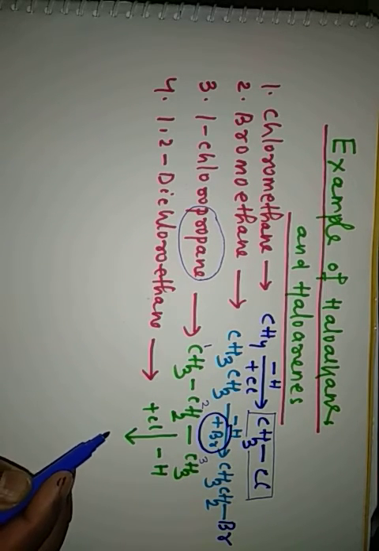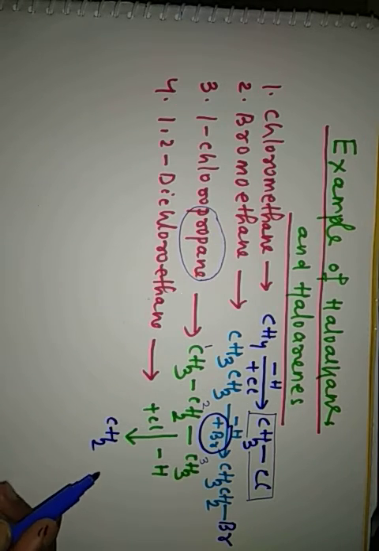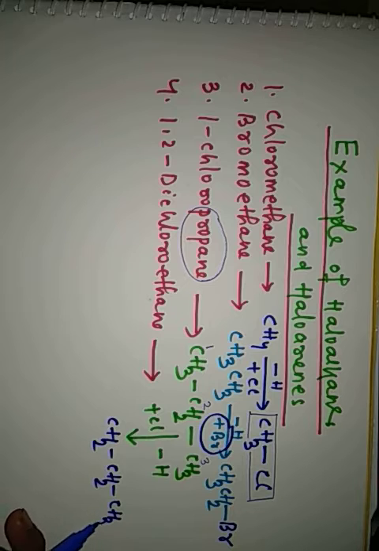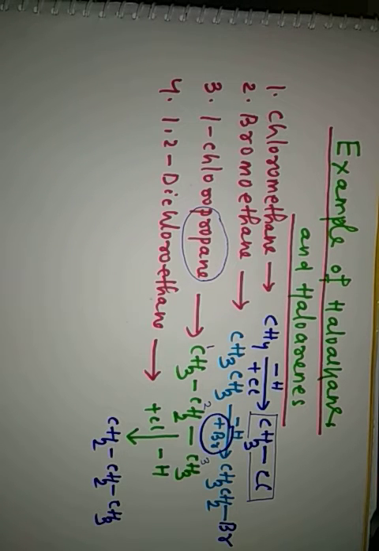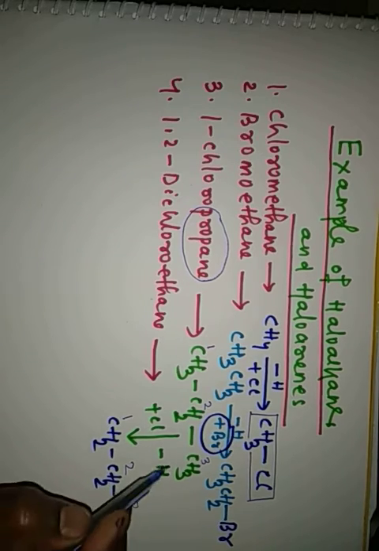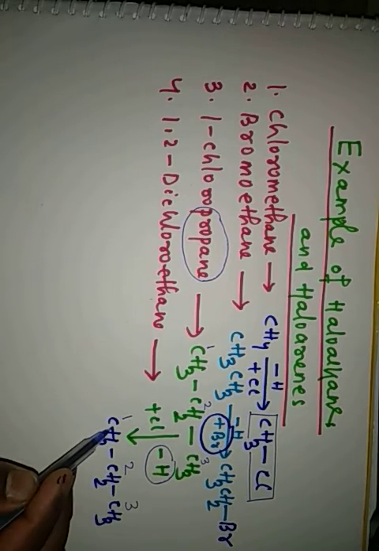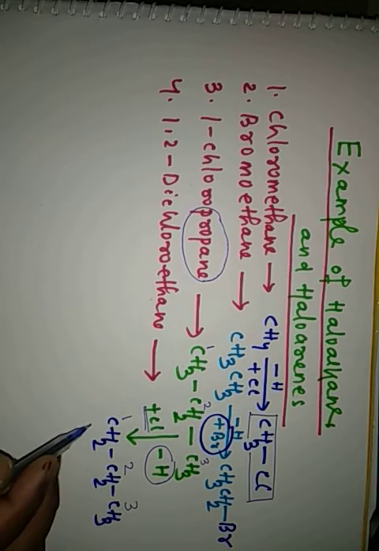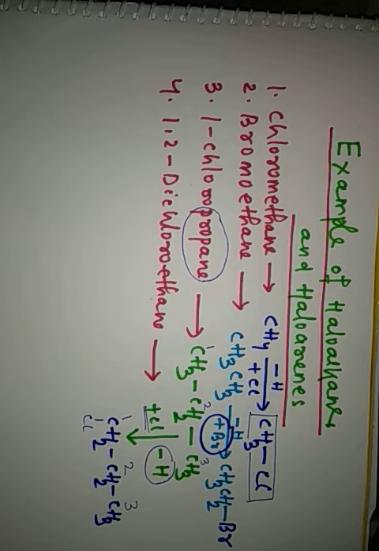That means CH2 CH3. From carbon 1, this is your carbon 1, 2, 3. We are removing this hydrogen from carbon 1 and attaching one chlorine at carbon 1. So attaching one chlorine, it will be 1-chloropropane.